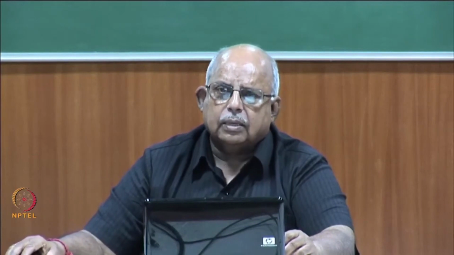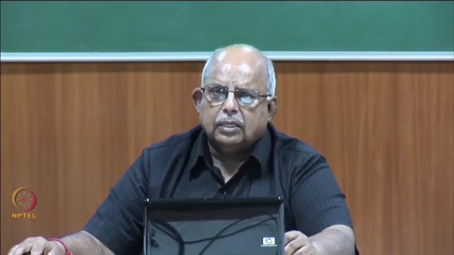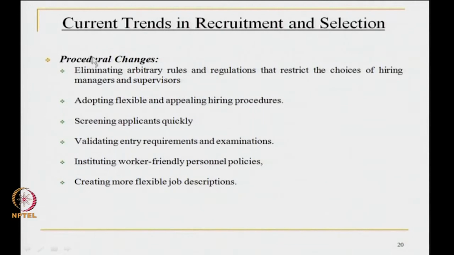But having said that, the current trends in recruitment and selection include procedural changes which have eliminated arbitrary rules and regulations that restrict the choices of hiring managers and supervisors.